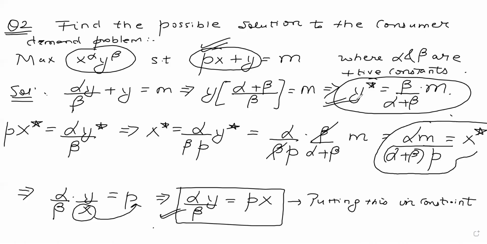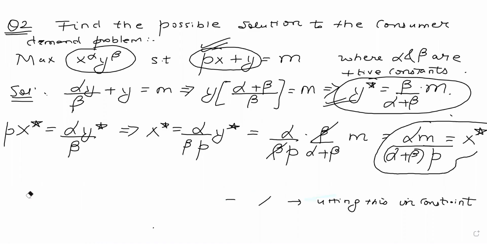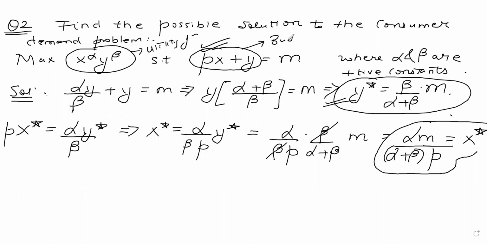You can even interpret this, since it was the optimization problem for the consumer in microeconomics, where the objective is to maximize utility subject to the budget constraint. This was your utility function and this was your budget constraint.